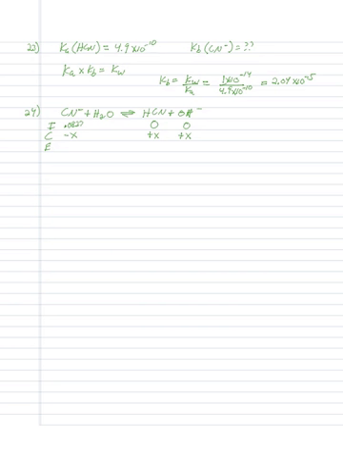So we'll have 0.0827 minus X, X, and X. Now, because this is a base reaction, with something taking an H plus away from water, I'm going to write it as a Kb. That's going to be the concentration of HCN times the concentration of OH minus over the concentration of CN minus.